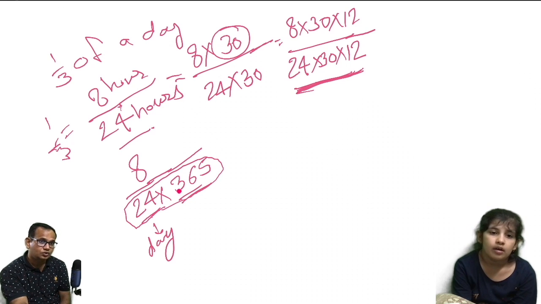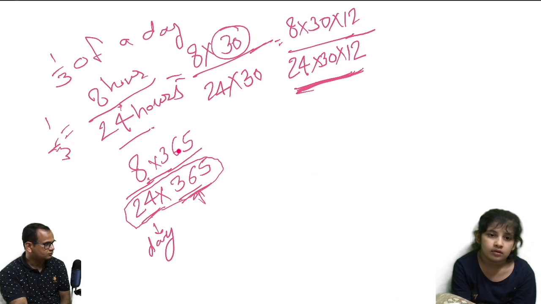So we slept 8 hours in a day. Each day we sleep 8 hours, and we have 365 days. So how many hours have we slept? Just multiply, right? Avisha, did you understand this one?